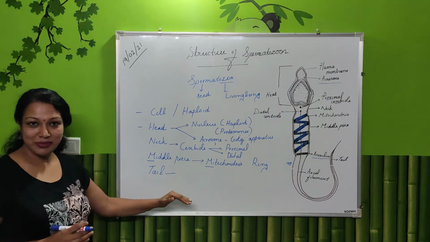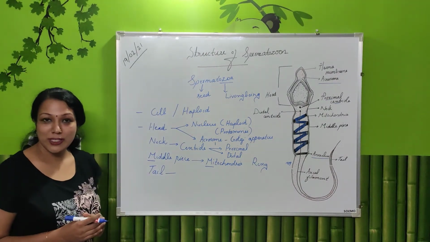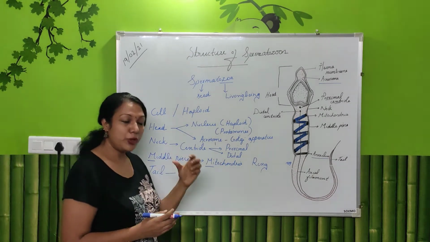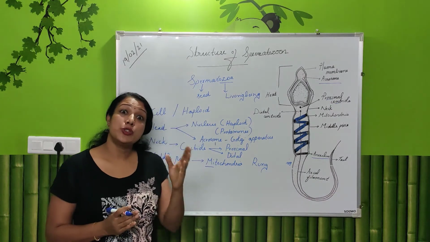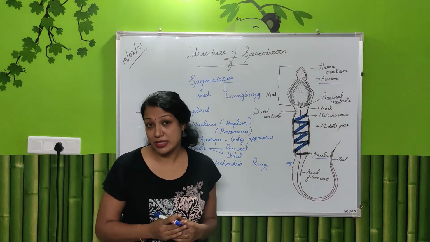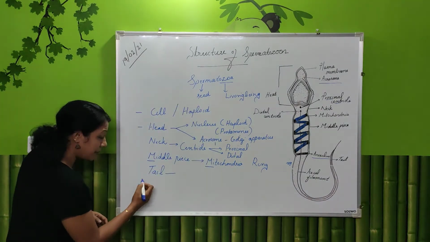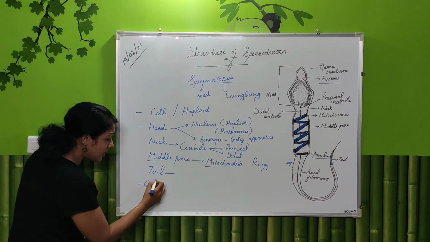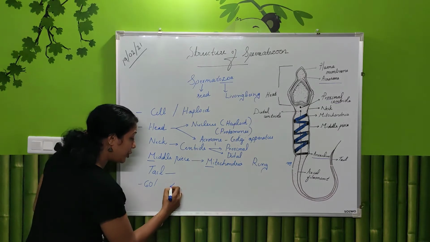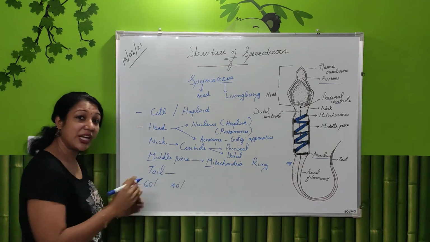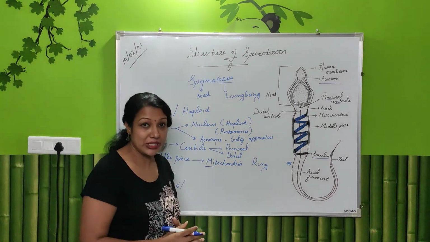Okay, I hope the structure of the sperm is clear. Now you have to imagine in a single ejaculate we have 200 to 300 million sperms. Okay, of the sperms, 60% need proper shape. Now 40% of the sperms require perfect motility.